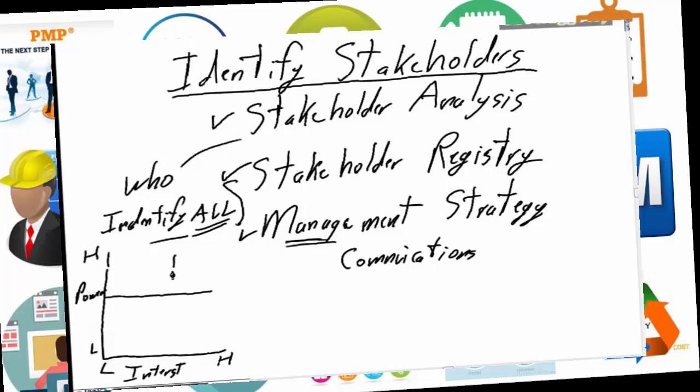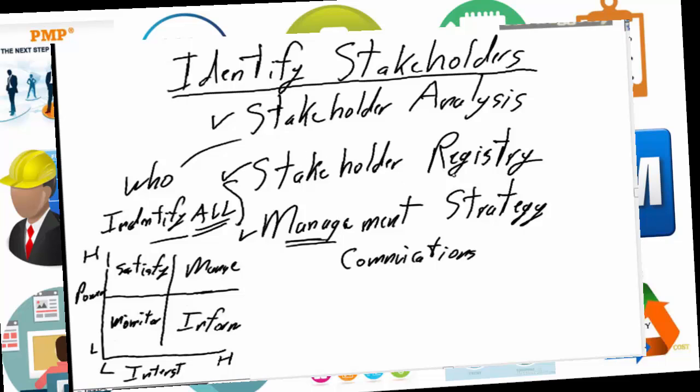And I'm just going to divide this into 4 quadrants. In this lower quadrant, we're going to just say monitor. We're going to keep the stakeholders in this quadrant informed of interest. We're going to inform these stakeholders. We're going to satisfy these stakeholders, and we're going to manage these stakeholders.